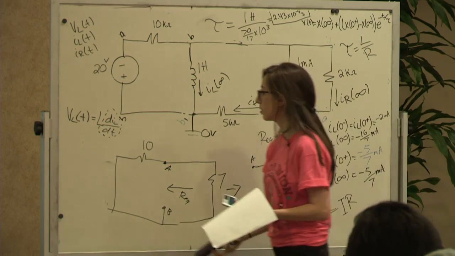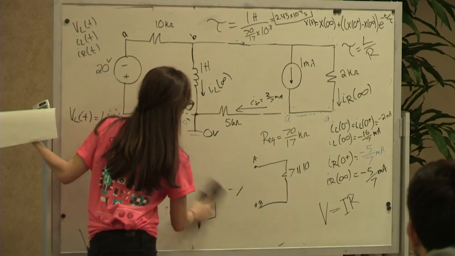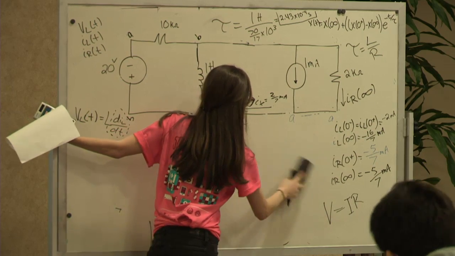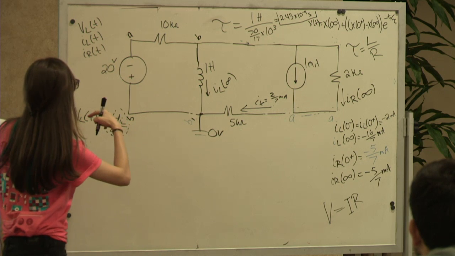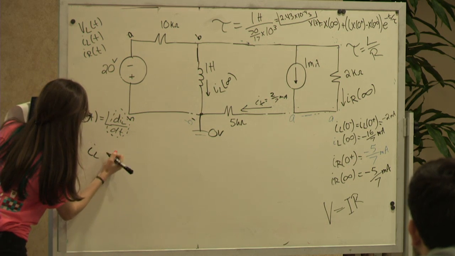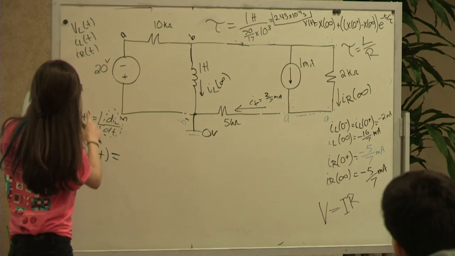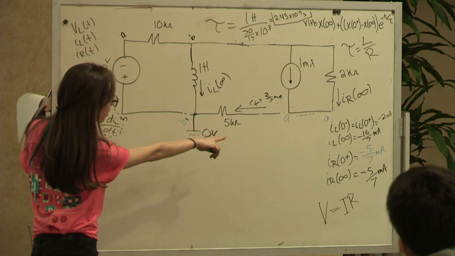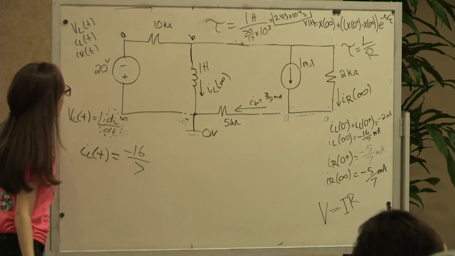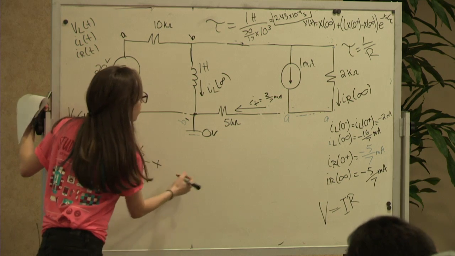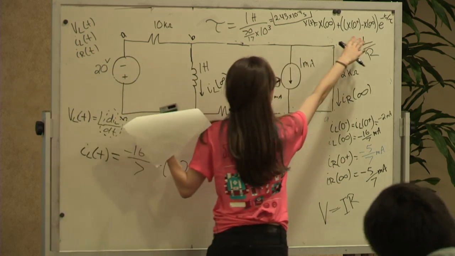And now the last three steps, just plugging it into that equation. So let's do IL. IL of t will be x of infinity, which was, IL of infinity was negative 16 over 7, plus IL of 0 plus, which was negative 2. I'm using this equation up here.